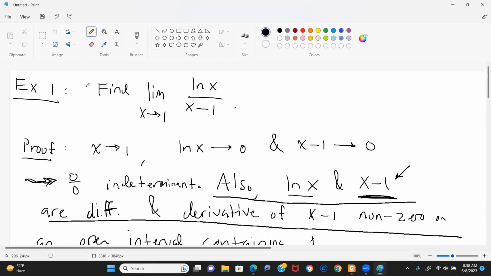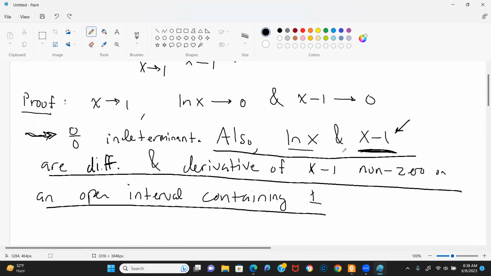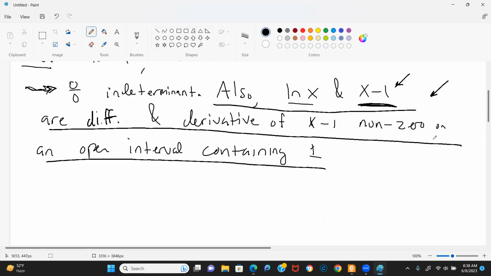As long as you state that, you'll get full credit. This part I won't require you to state formally, but just for this first example, I wanted to show you that technically you do need to show that you satisfy all the hypotheses of L'Hopital's rule.